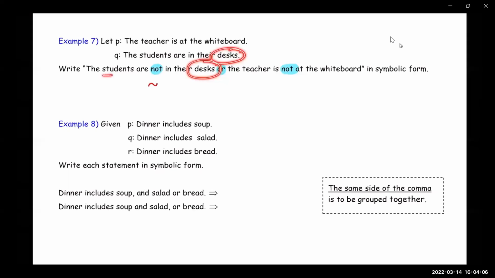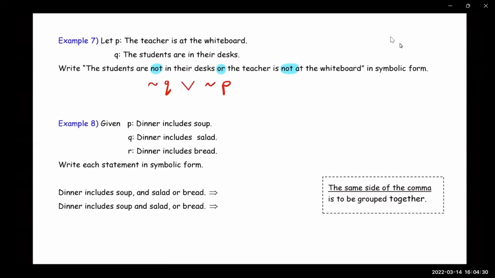The students are not in their desks, so that's Q. So you do just have to be a little bit careful with the order. And then or is the V, and then squiggly line P. P is the whiteboard. Yeah, all right, there you go. Sometimes you need to just be careful with the order and which things are occurring.